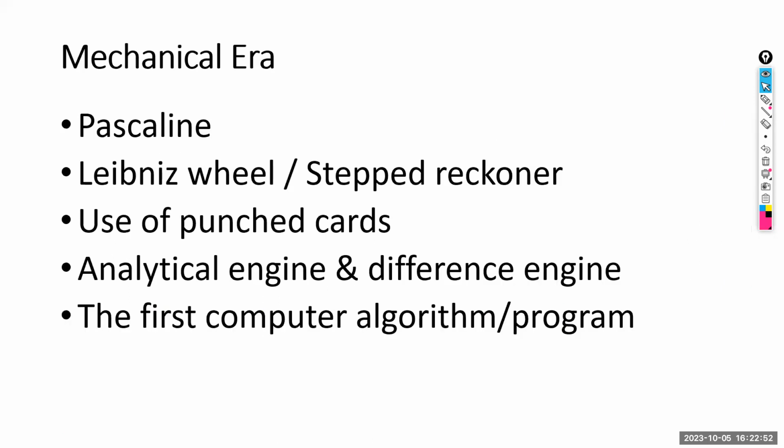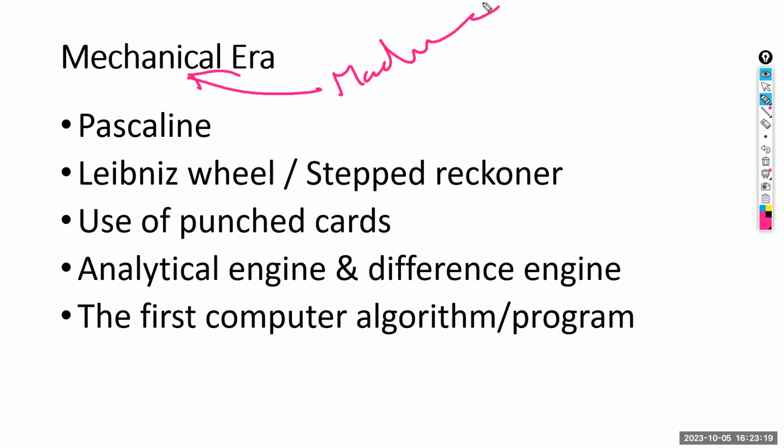Right. So now we move on to mechanical computers. Mechanical means we use mechanisms or machines. So the word that comes with mechanical is machine. For example, a sewing machine, right?